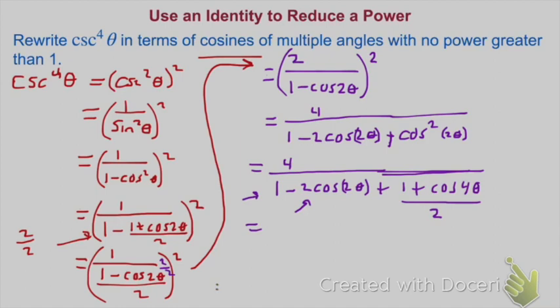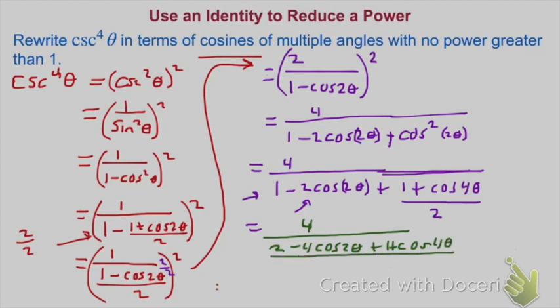So we have our 4 in the numerator, and in our large denominator, we multiply the 1 by 2 to get 2, and the negative 2 cosine 2 theta by 2 to get negative 4 cosine 2 theta. This is because we're getting that common denominator, plus 1 plus cosine 4 theta all over 2. We got a common denominator in the bottom.